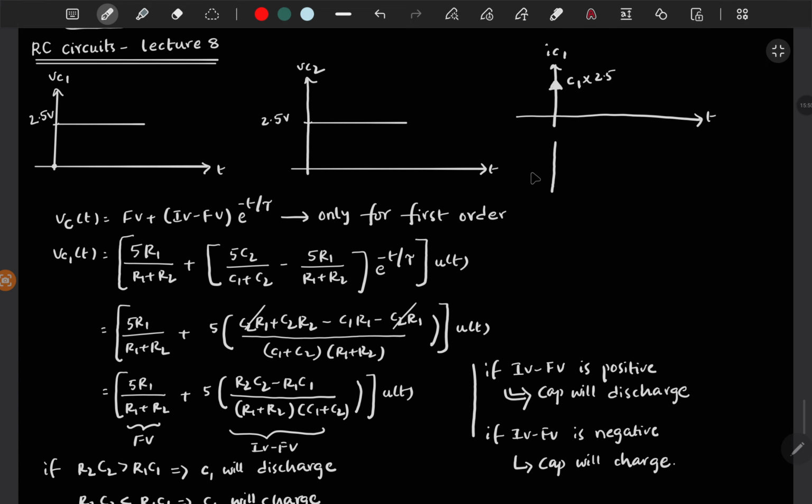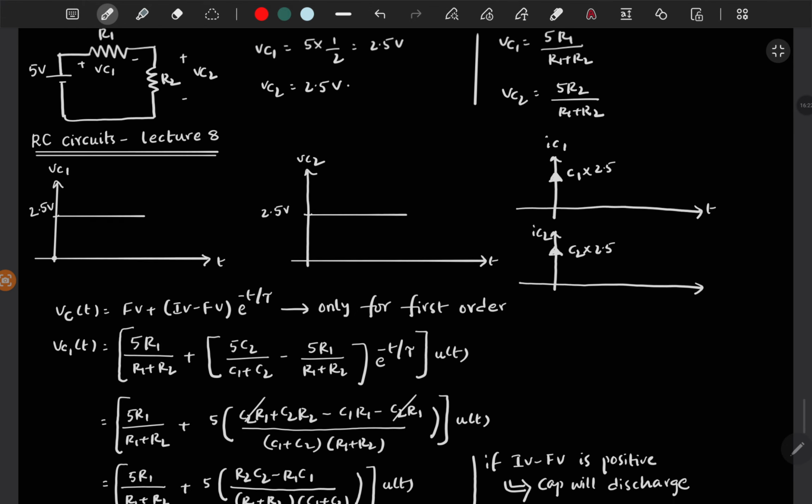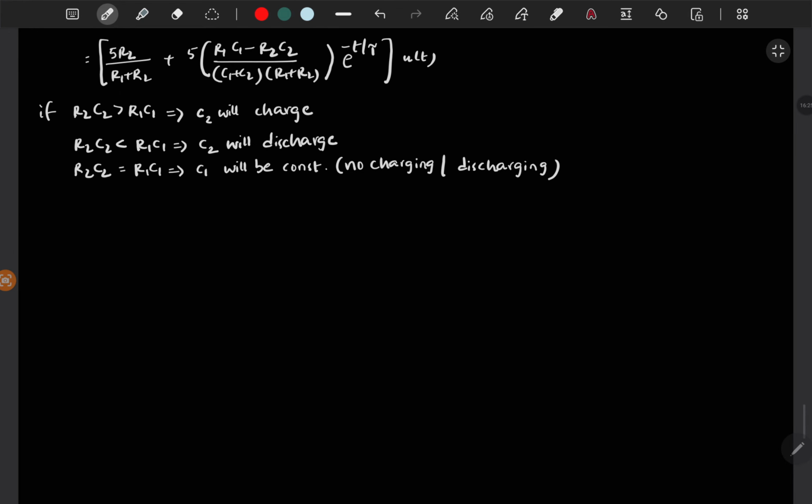Similarly, IC2 is also an impulse function because Vc2 is changing from 0 to 2.5. This is again a positive impulse function, and its amplitude should be the capacitor C2 times the change in magnitude, which is 2.5. These are the currents through the capacitors for that particular condition.